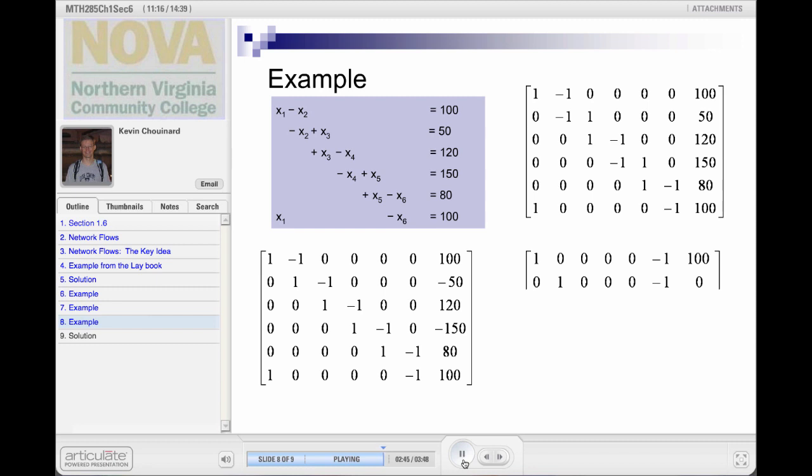To get the new third row, in the old matrix, add rows 3 through 5. Add rows 3, 4, and 5, and you'll get this row here, which is 0, 0, 1, 0, 0, negative 1, 50. To get a new fourth row, add from the old matrix rows 4 and 5, and you'll get this. The fifth row is already in good shape, so just keep it the way it is.